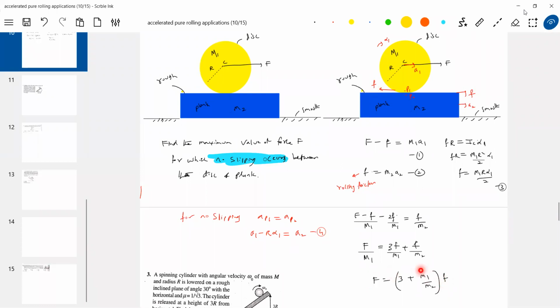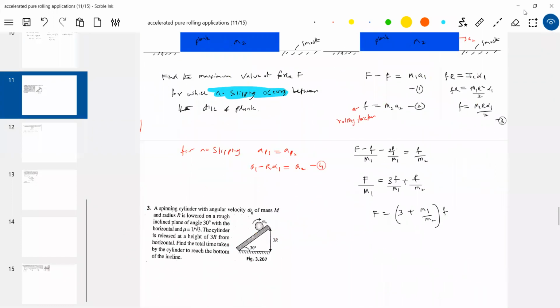So there's a maximum permitted value of applied force, because the maximum permitted value of rolling friction is limiting friction, mu s M1 g. That is what the question asks: find the maximum value of force F for which no slipping occurs. So F max is equal to (3 plus M1 by M2) into FL.